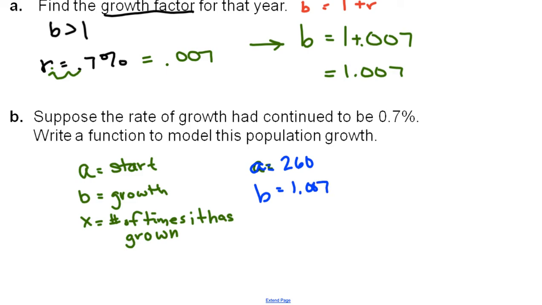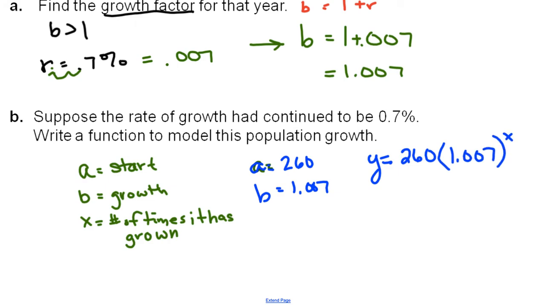And then the x we don't know. So to write a function to model this population growth, we would have y equals 260. I'm going to put the growth factor in parentheses. It just makes it easier than putting a dot there because sometimes that dot looks like a decimal. So we have 260 times 1.007 raised to the x power.